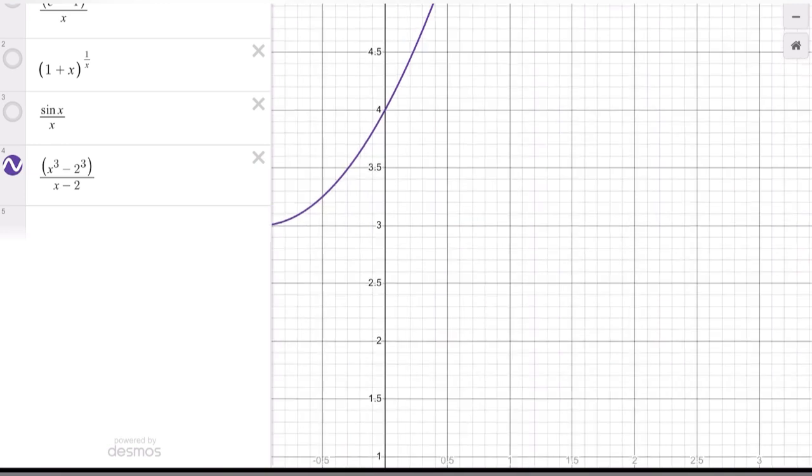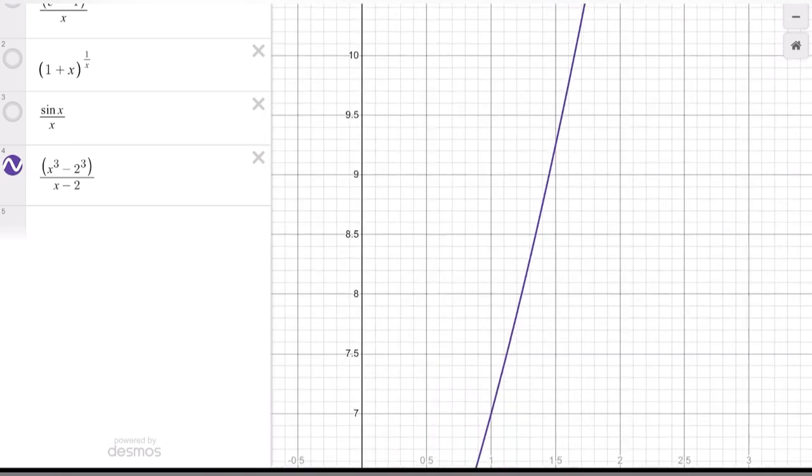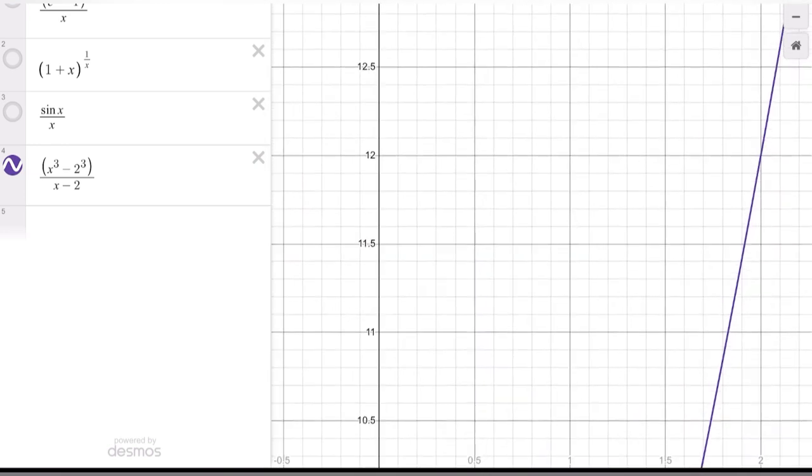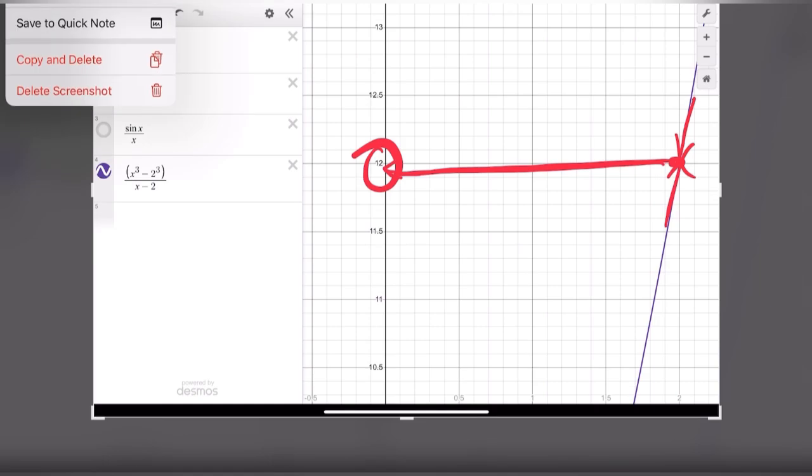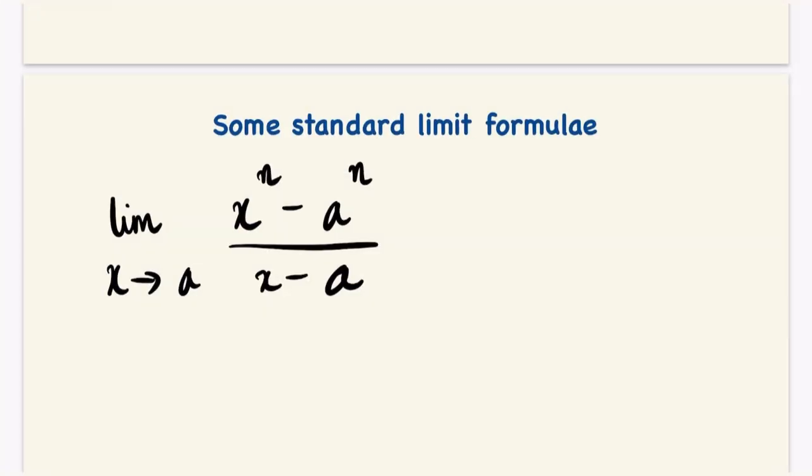And let's see the corresponding value of the function at x equal to 2. You can see that the corresponding value is 12 over here. So when x is approaching 2 from the right hand side or the left hand side, the function is approaching this number, that is 12. So the answer is 12. But how do you take care of 3 replaced by n and 2 replaced by a? So there is a standard formula for this.